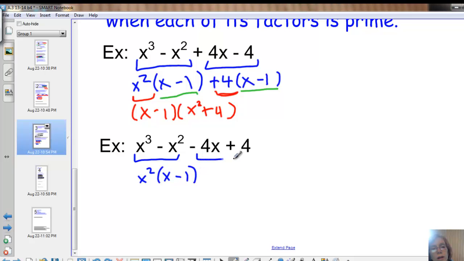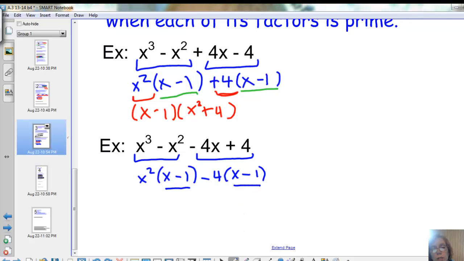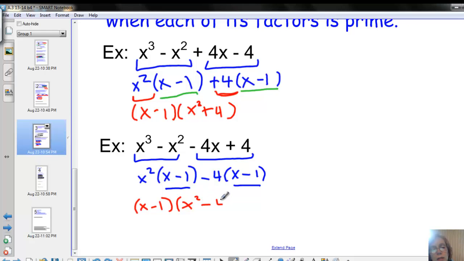And what can we factor out of these next two? This time I think we would want to factor out a negative 4, so that we would still end up with x minus 1. Negative 4 times x is negative 4x. Negative 4 times negative 1 is a positive 4. Do we have the same thing in parentheses? We do. So our answer in factored form would be x minus 1 times x squared minus 4.